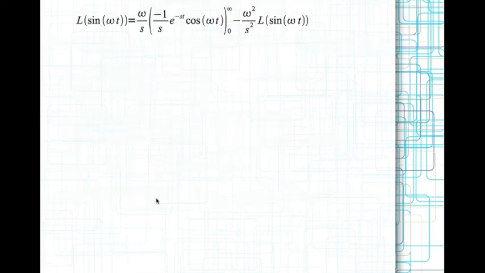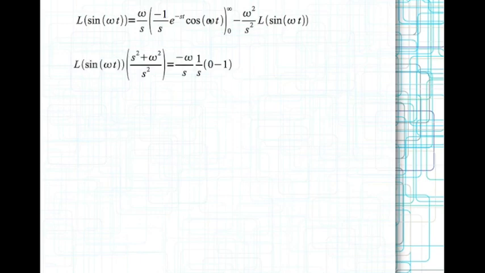So if you do that, and I have substituted here for Laplace of sine omega t, you can bring this to the left hand side and evaluate the limits of integration. This becomes s squared plus omega squared divided by s squared. This s squared cancels with s squared. Minus times minus is 1, and therefore Laplace of sine omega t equals s divided by s squared plus omega squared.